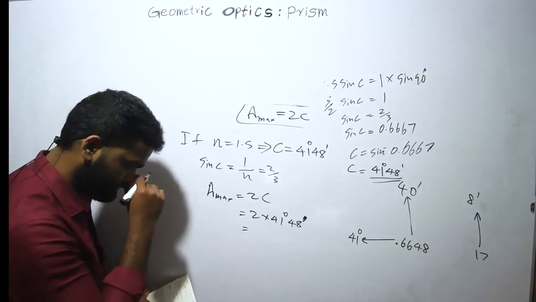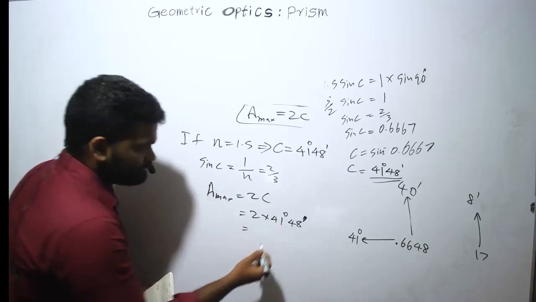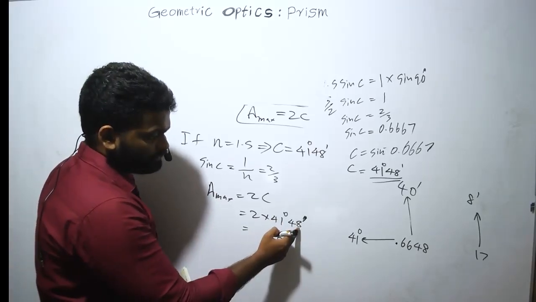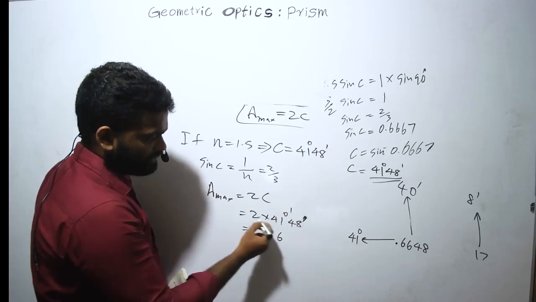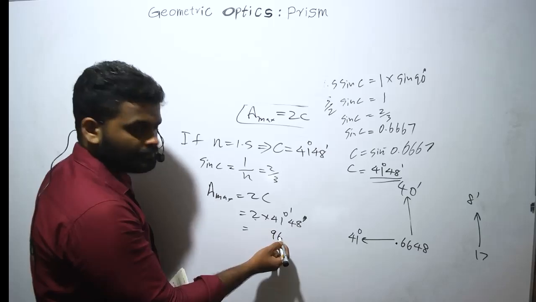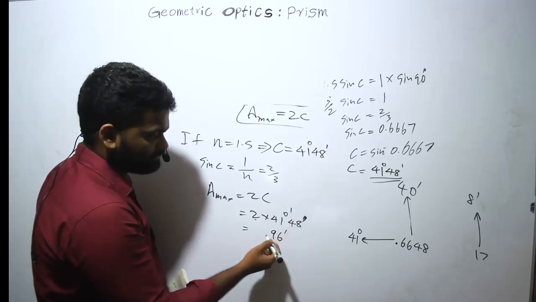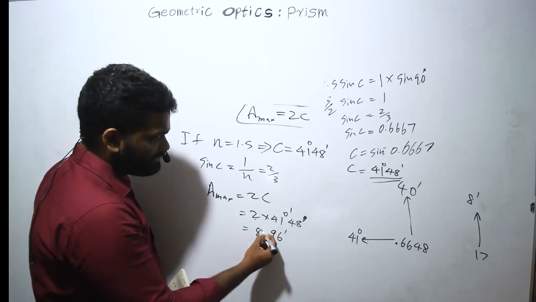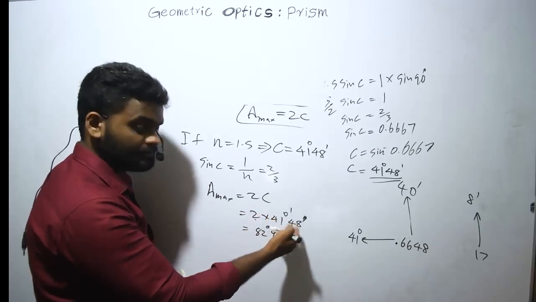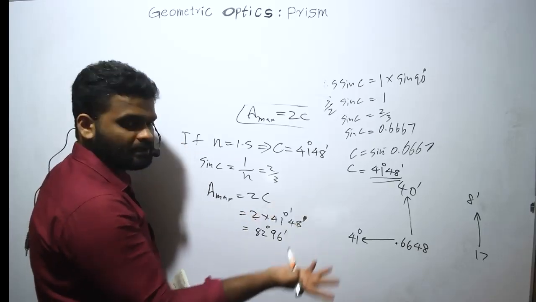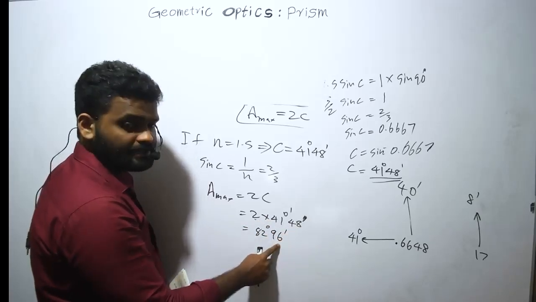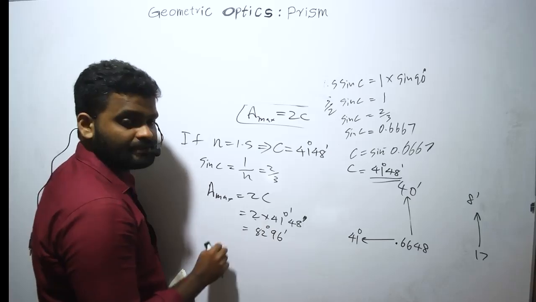What do we get? 2 times 48 is 96 minutes. Then 82 degrees. Just understand how I'm multiplying this. You just multiply this. So 48 times 2, 96 minutes, 82 degrees.